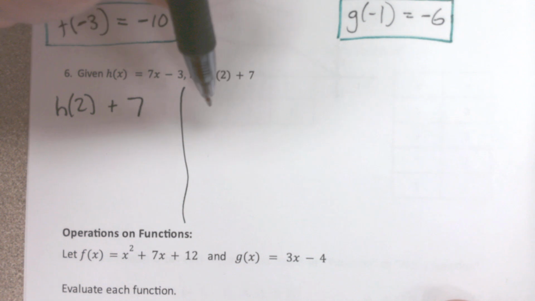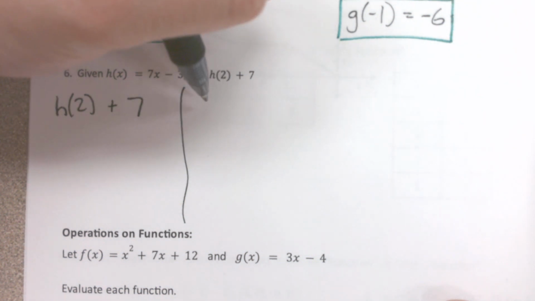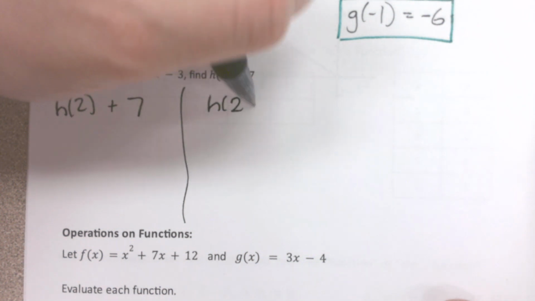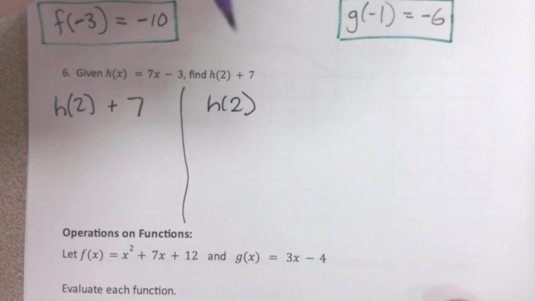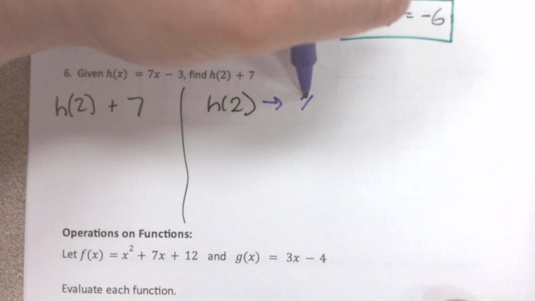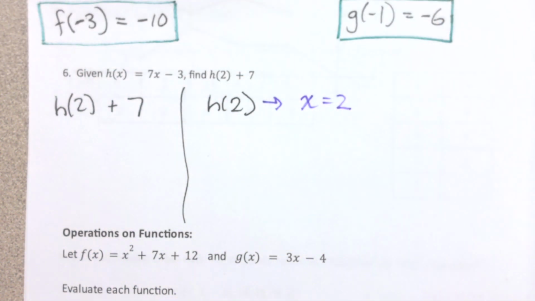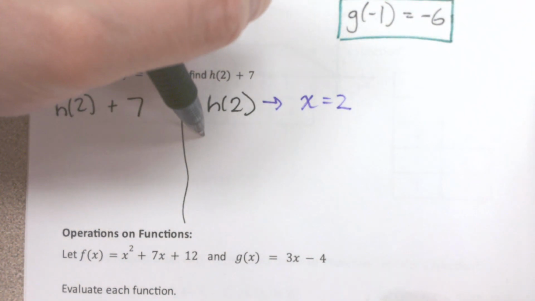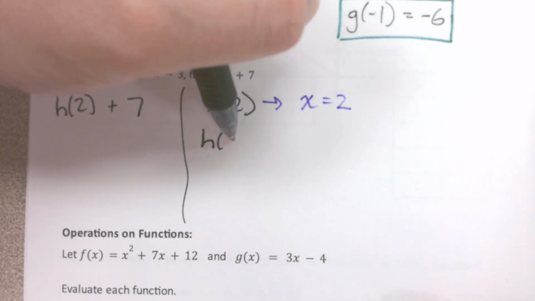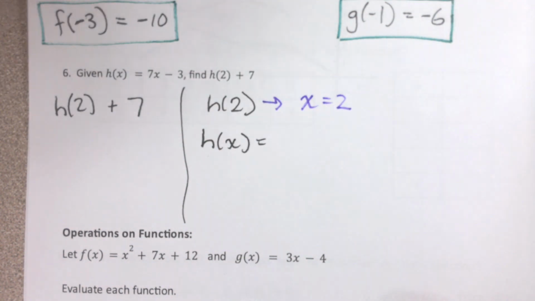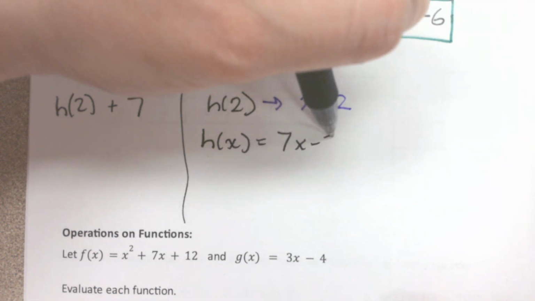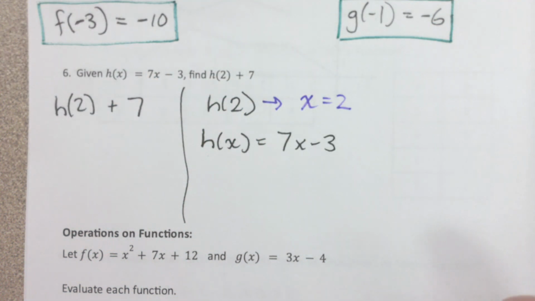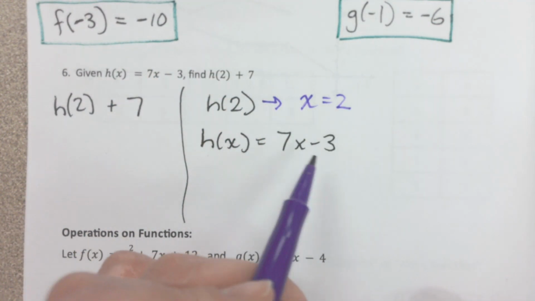So, we are looking for h of 2, which tells us that x is 2. And our equation is h of x equals 7x minus 3. So that means both of these x's are going to get a 2.